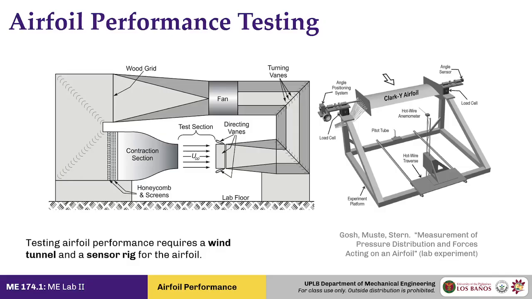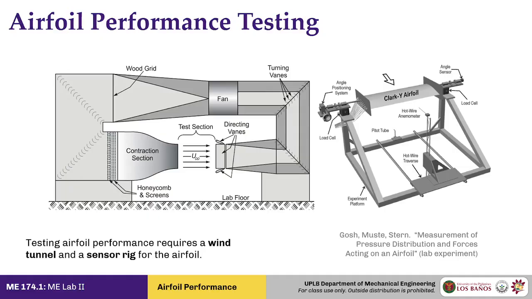Its very root is just to generate a laminar and a uniform velocity at the test section. So all of these parts are just to produce a laminar and a uniform velocity distribution at this section.